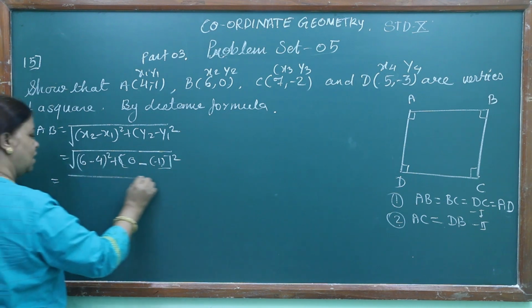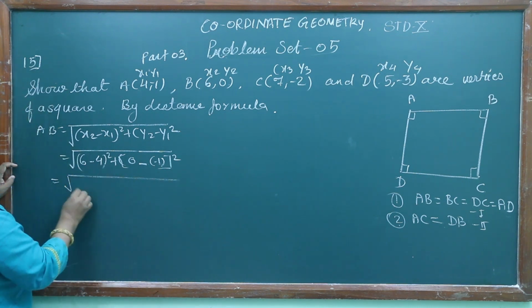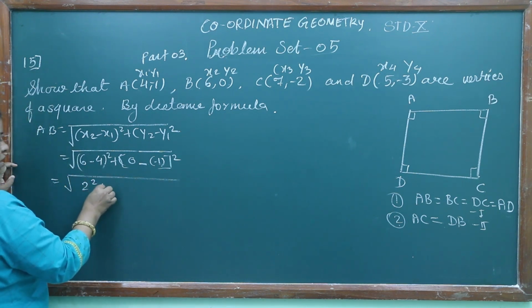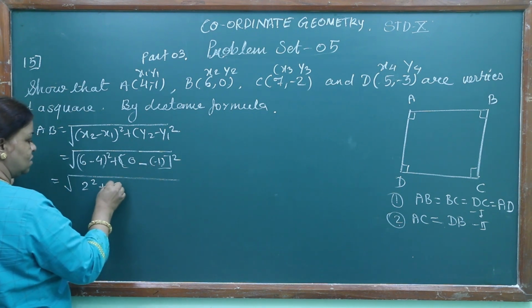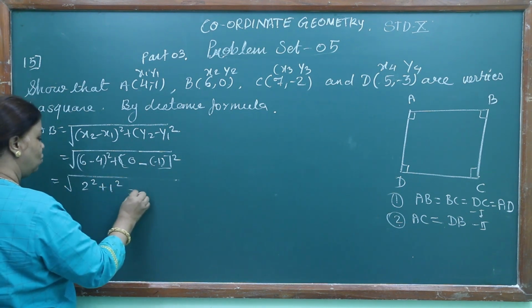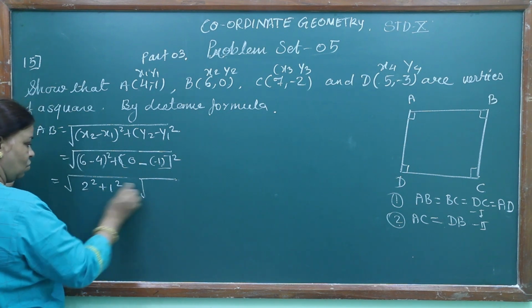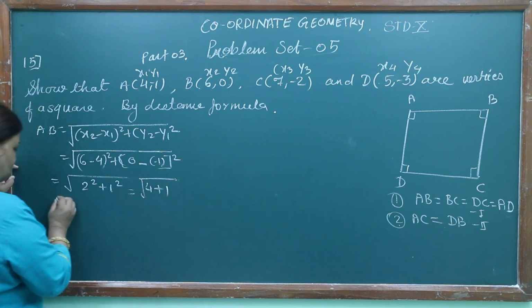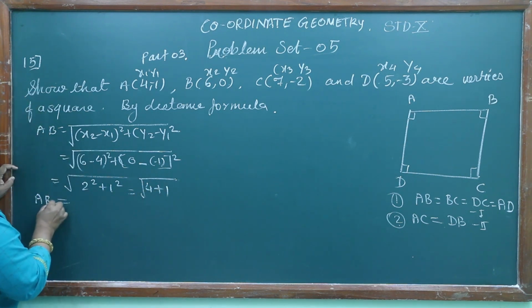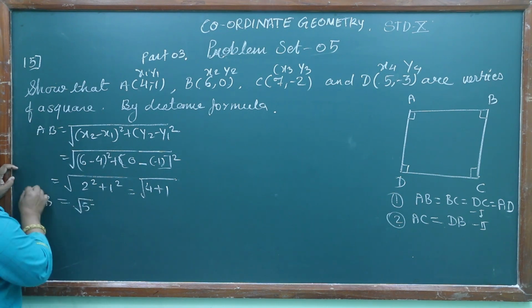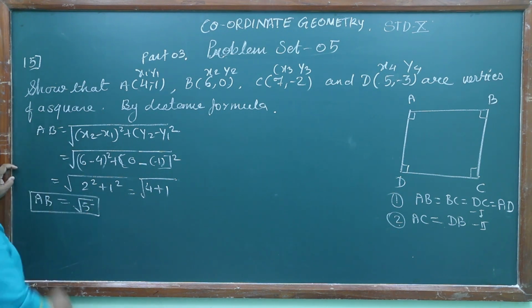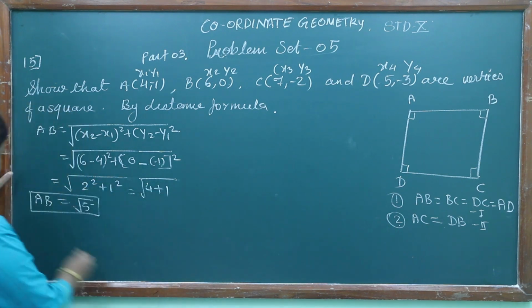Now under the root, 6 minus 4 is 2, squared, plus 1 the whole square. That would be under root 4 plus 1, so AB is equal to root 5. So we got AB.